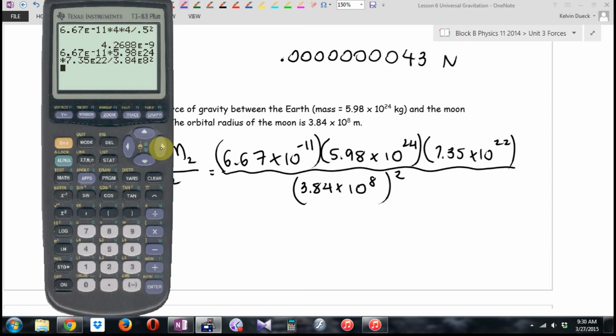I also know that on my calculator, I don't need to put brackets around scientific notation if I'm squaring it. Yours, you might need to. I don't. This is why I've been going on my rant about bring your own calculator, figure out how it's used, get used to it. And you get 1.98 times 10 to the 20th.